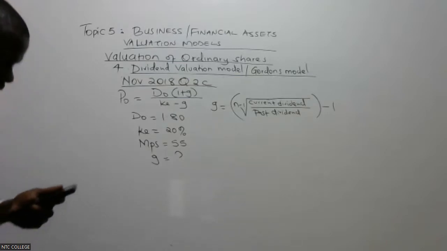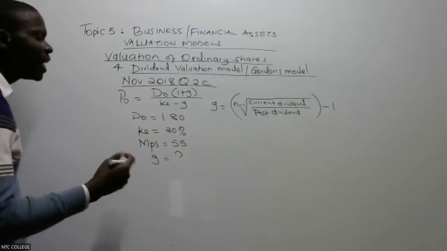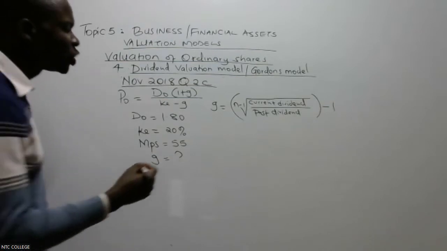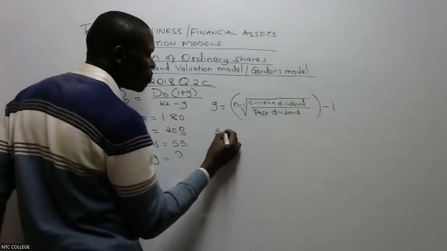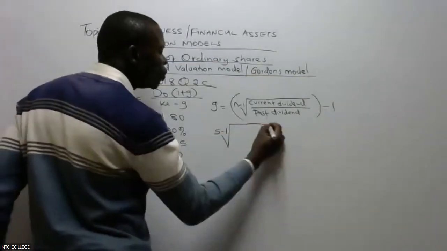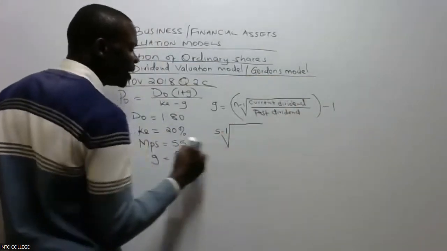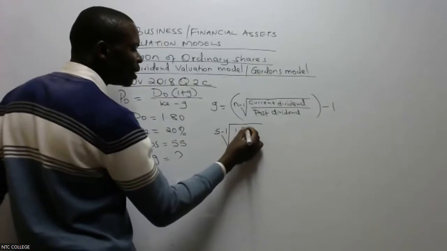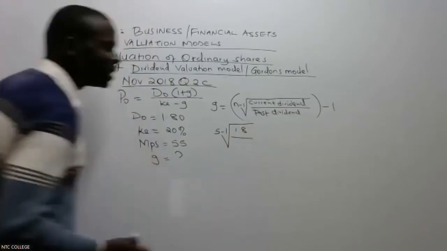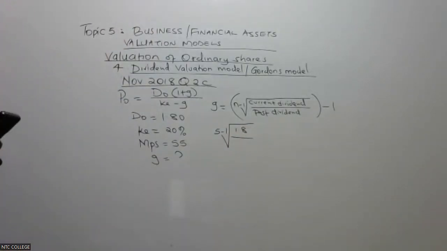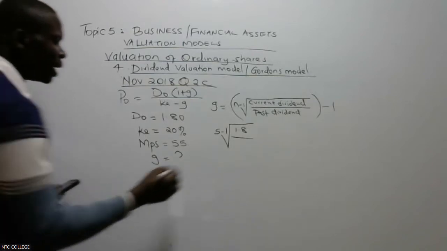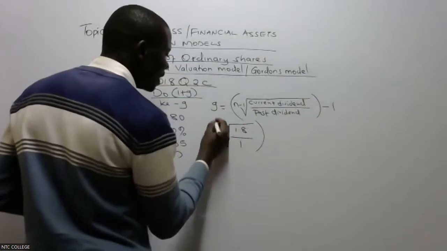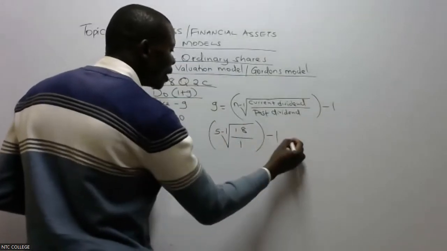So, n is how many periods? The number of periods under consideration is 5 minus 1. Current dividend is 1.8, the dividend for the latest period. Past dividend is 1. Then the answer that you get, you less 1.